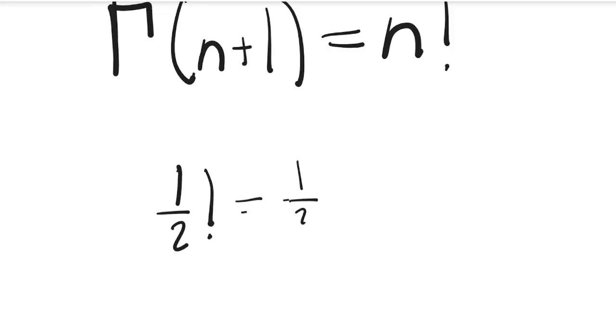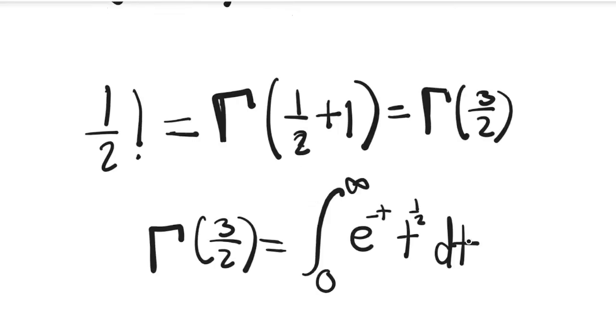And recalling the gamma function definition, gamma of 3/2 will be the integral from 0 to infinity of e to minus t times t to the 3/2 minus 1, which is just 1/2, dt. And then you could calculate this integral. Now, I will leave this for you if you want to give it a shot.